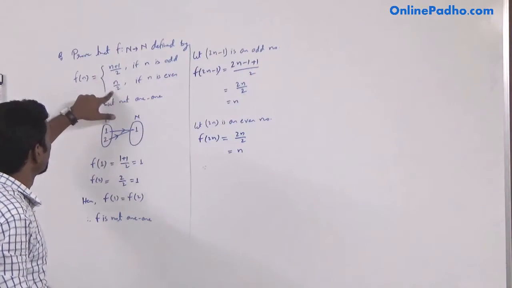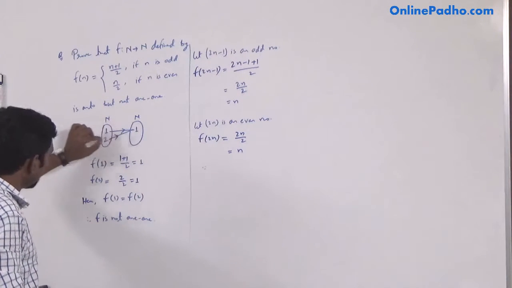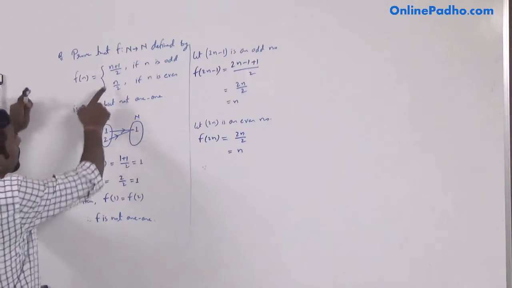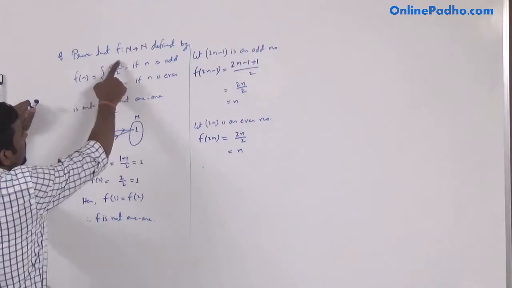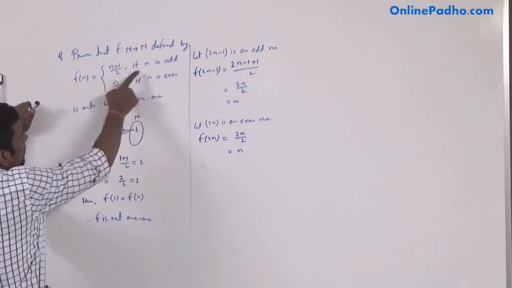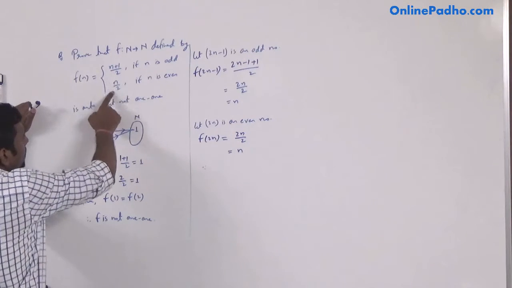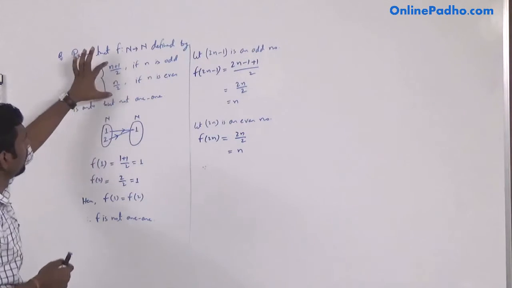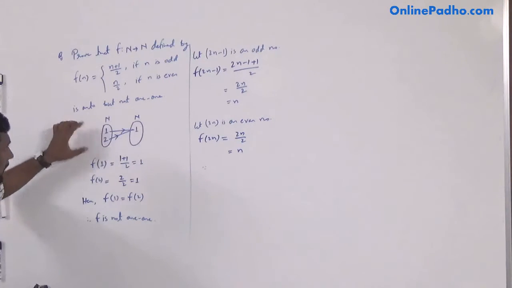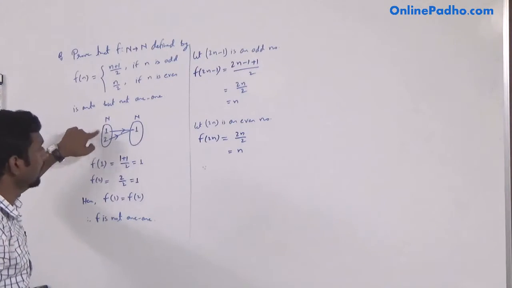What do you mean by the codomain? For each and every natural number, there must be a pre-image in the natural numbers. If you put 2 here, you get 1. If you put 3, then (3 plus 1) by 2 is 2. If you put 5, then (5 plus 1) by 2 is a natural number. If you put 6, 6 by 2 is a natural number. For each and every natural number in the codomain, there must be a pre-image in the domain, that is a natural number.